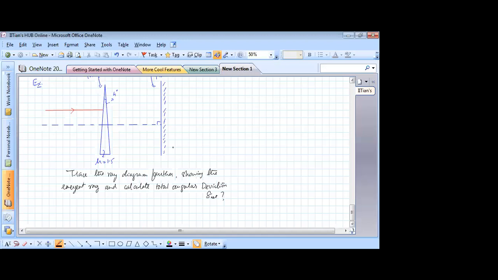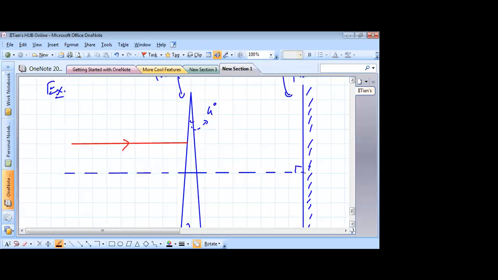So it is first prism, then mirror, then again prism. Okay, so let's understand what's happening here. So it's going to emerge out here with an angular deviation of 2 degrees.